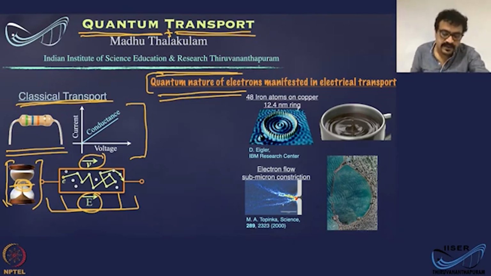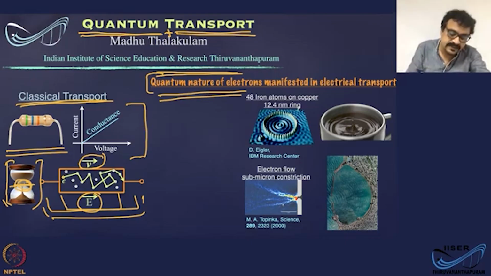Now, when we consider the wave nature of electrons, we need to consider what effects that's going to bring to this classical picture of transport. What I have here is two landmark experiments.